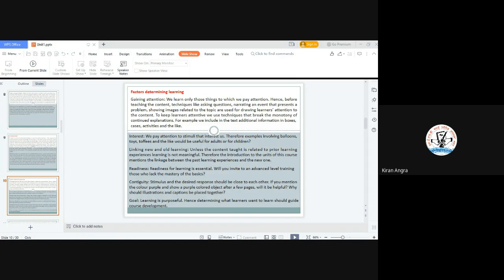So if you have to retain the attention of a learner, you have to evolve certain methods, or you have to engage the learners. The teachers will include some discussions and do certain activities so that the learner is engaged.